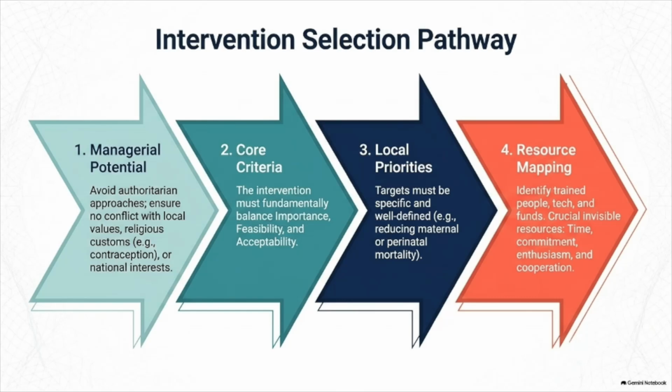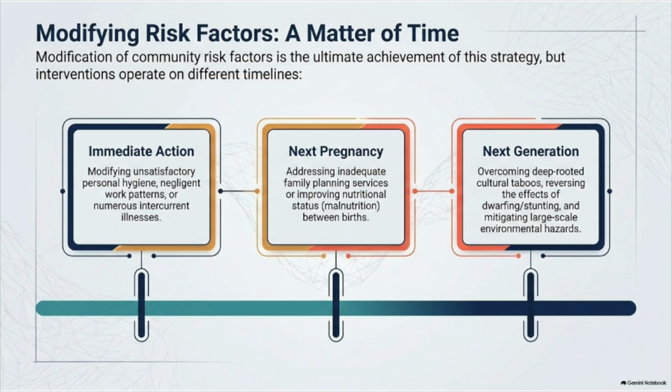And the fourth is resource mapping, identifying trained people, technology, and funds, while also recognizing crucial invisible resources like time, commitment, enthusiasm, and cooperation. Modifying risk factors is ultimately a matter of time since interventions operate on different timelines. Immediate action can address things like modifying unsatisfactory personal hygiene, negligent work patterns, or numerous intercurrent illnesses.